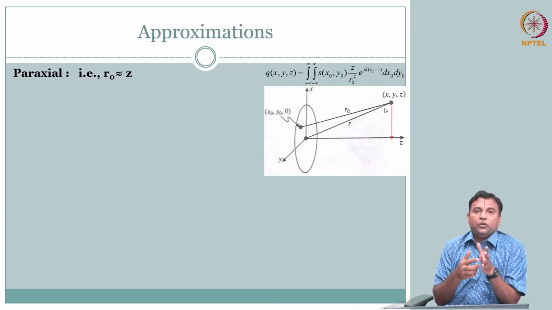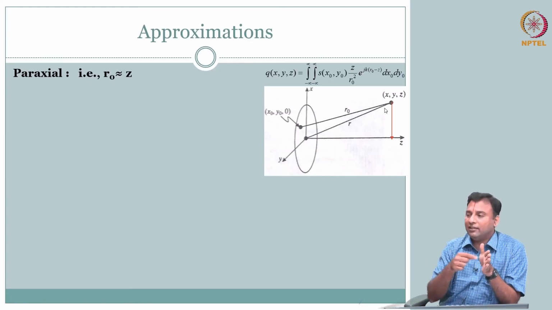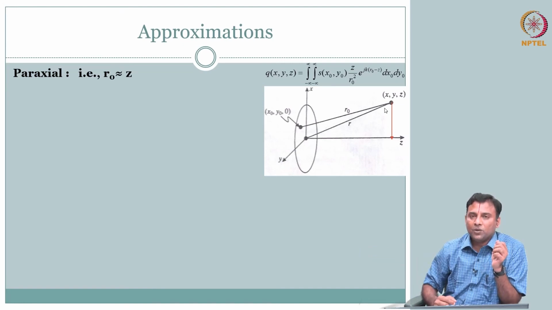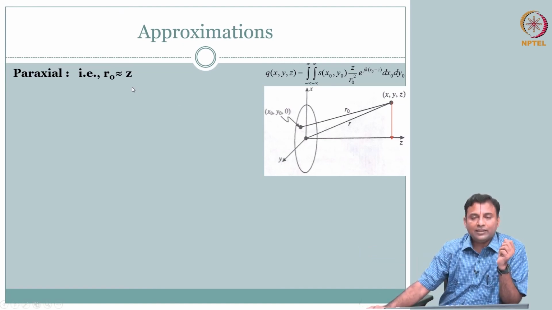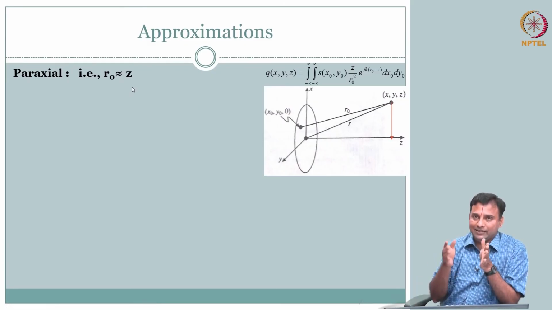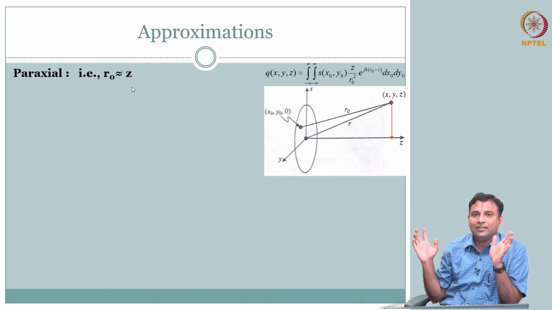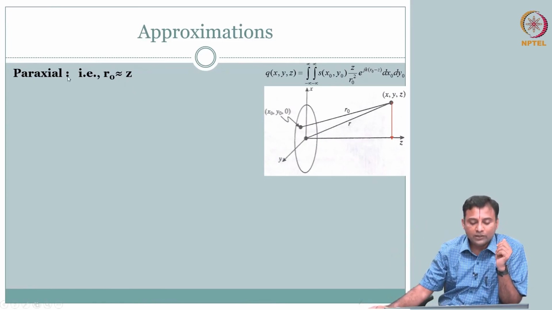That's where the transducer was located when you got this time trace of the signal, which is depth. So in some sense we are interested in the pressures that are close to the z axis. I am not really interested in something that is that far off the axis. So we can do what is called the paraxial approximation, that is, r naught is approximately equal to z.